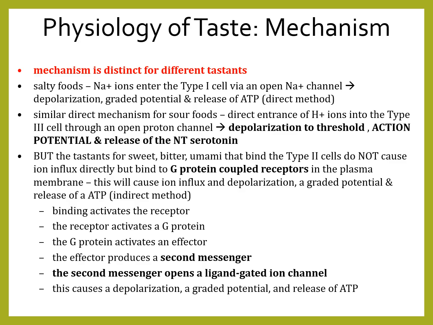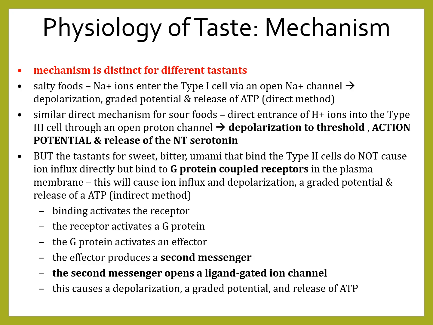Whether or not they actually hit an action potential, these type 3 cells resemble neurons in that they do release a bona fide neurotransmitter. It's usually serotonin. And they do so by little vesicles that fuse with the plasma membrane and then secrete those neurotransmitters out. That serotonin is going to bind the first order neuron and trigger an action potential. So out of all these gustatory cells, the type 3 cells act more like a neuron.